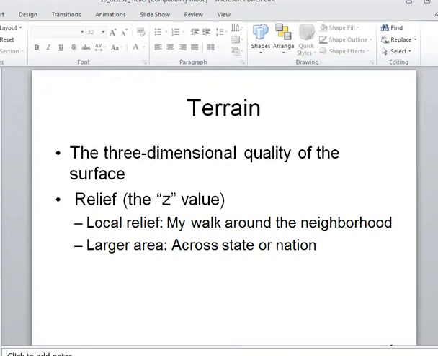When we were creating an Esri shapefile, some people asked me, should I use a 2D or a 3D? If you had chosen 3D, your shapefile would have had something in it called a z value, which would have taken your elevation value into that data.